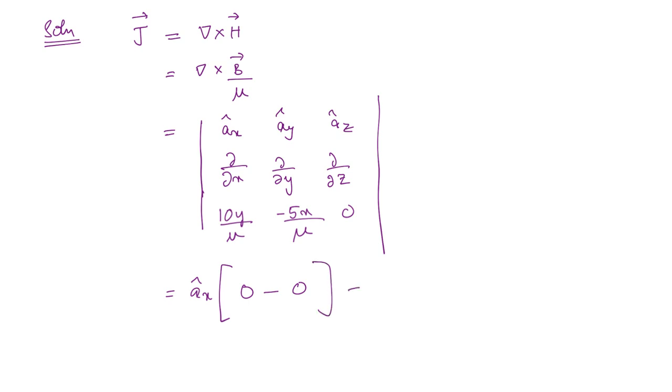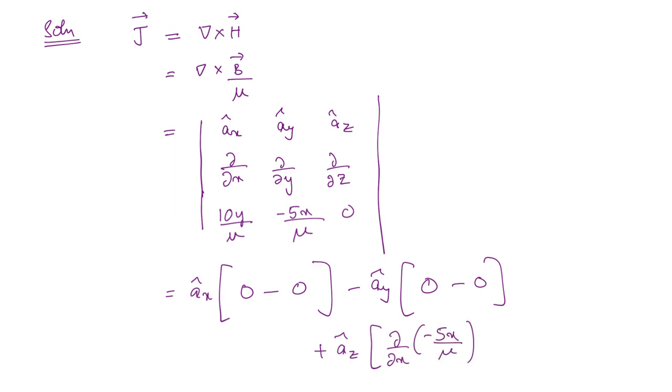Minus Ay cap 0 minus 0 once again, because dou by dou z will be 0 as there is no z component here. And then finally you have the Az cap dou by dou x of minus 5x by mu minus dou by dou y of 10y by mu.